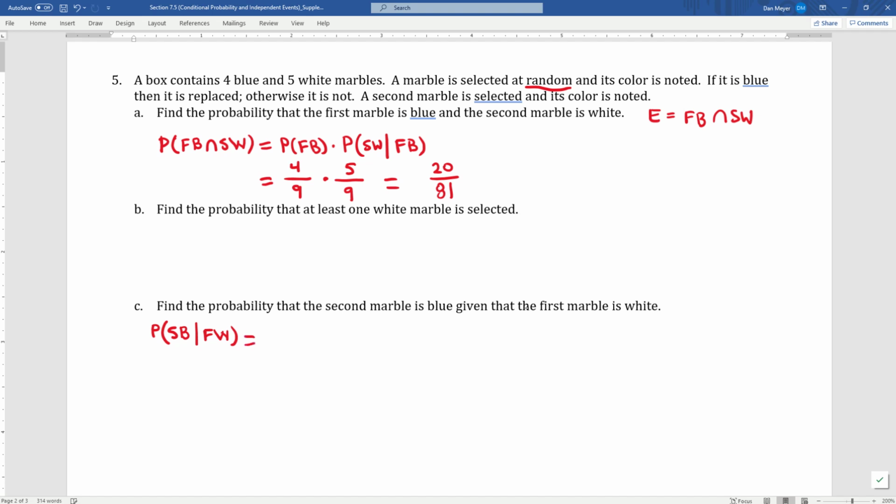And one of our basic conditional probability formulas would say find the probability that the second is blue and the first is white, divided by the probability that the first one was white.